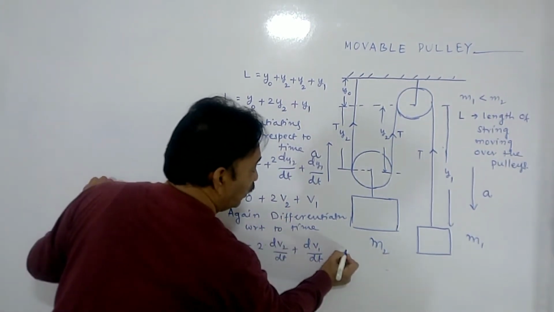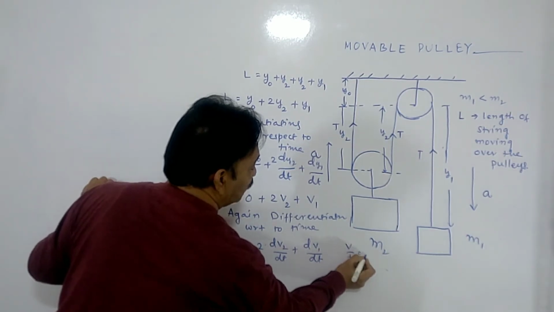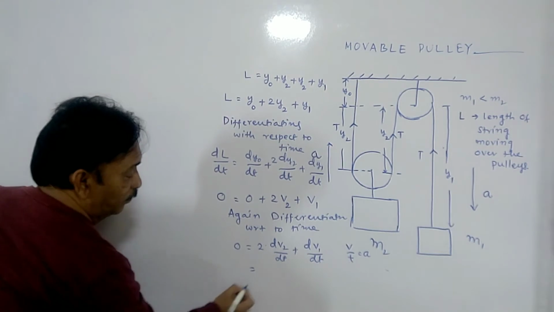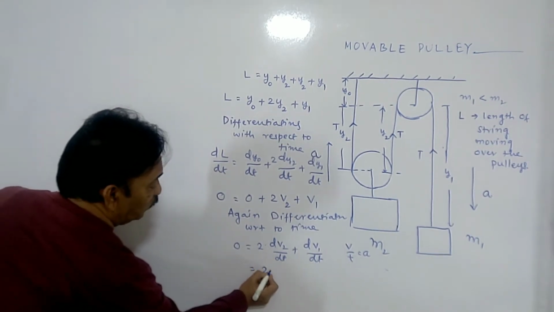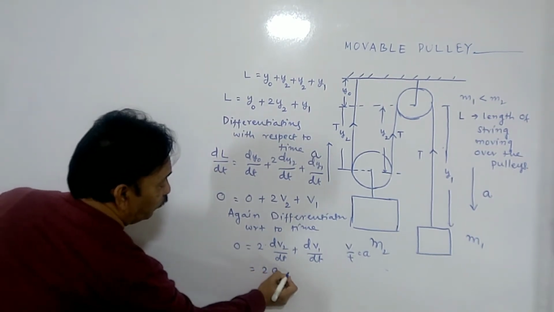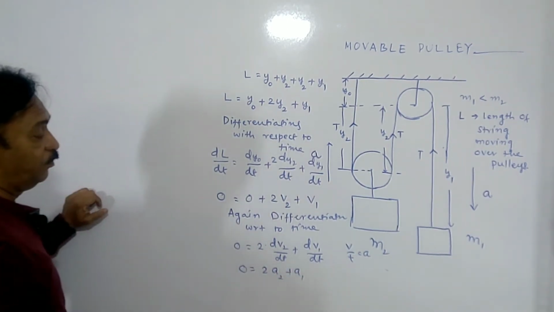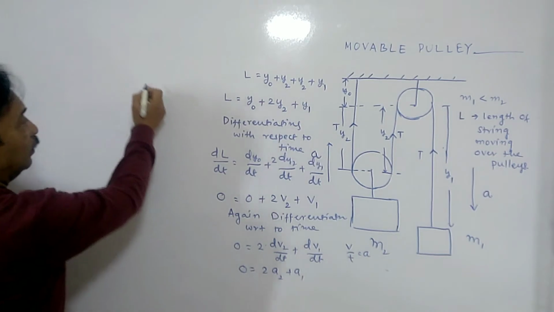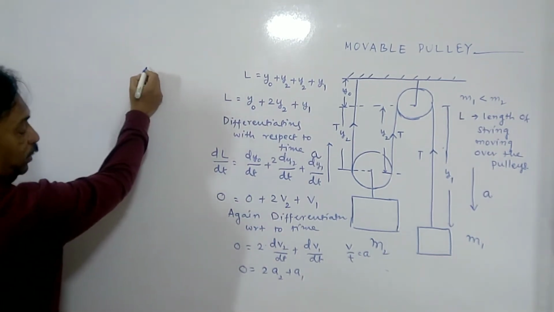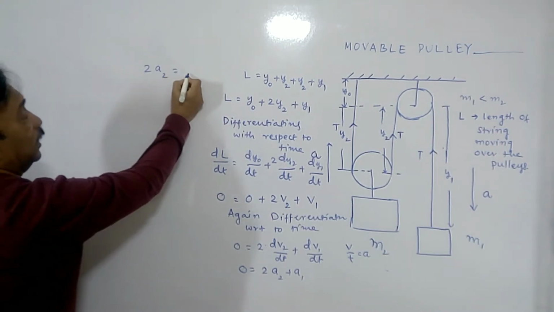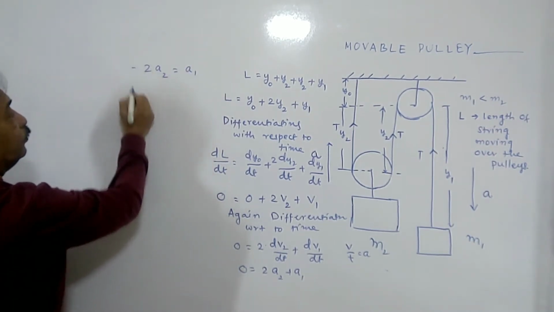As you know, dv by dt is acceleration, so we get 2a2 plus a1 is equal to 0, and we yield 2a2 is equal to a1.